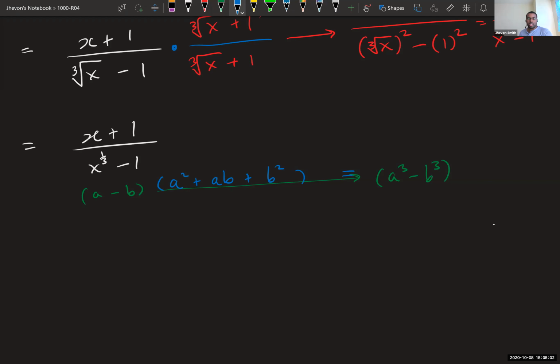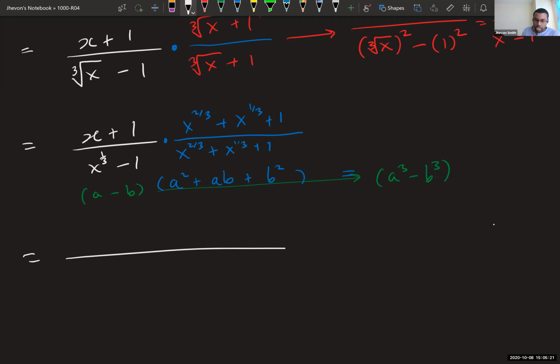It's not just a change in a middle sign, right? So it turns out that if I took this and I multiplied by x to the 2/3 plus x to the 1/3 plus 1, that is actually going to give me a nice value. The denominator is just going to be the cube of the first guy minus the cube of the second guy, right?